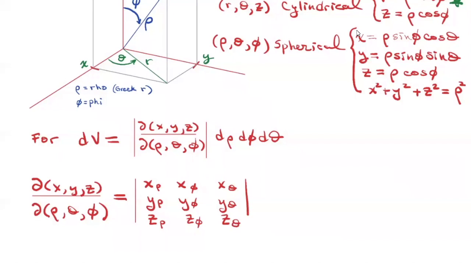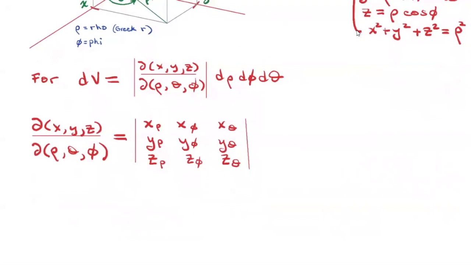Okay. So we know how to do a cross product. This is sort of like doing a cross product. But it's called a 3x3 determinant. And I wonder if we can squeeze this in. Okay.